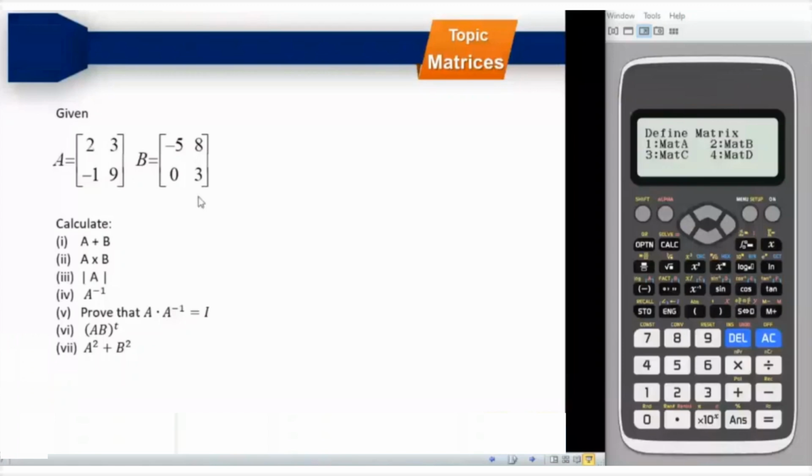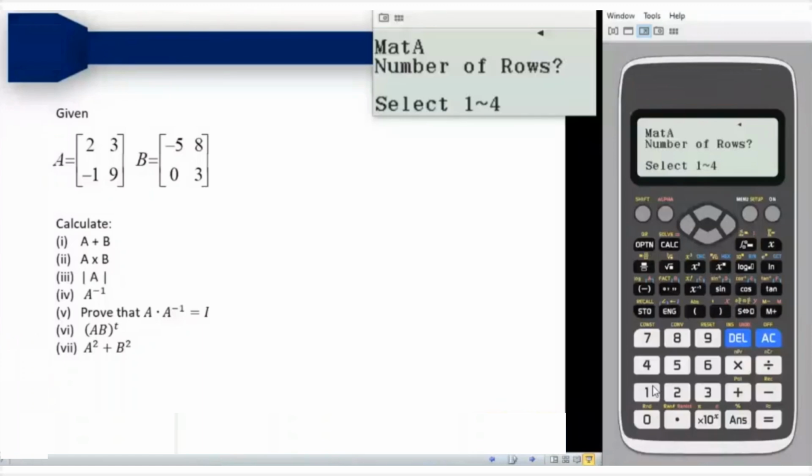So the first task is to define the matrix. In order to enter matrix A, I will press 1. When I press 1, the calculator is asking me how many rows this matrix has. This matrix has 2 rows, so I press 2. Then the calculator is asking me the number of columns. This matrix has 2 columns.